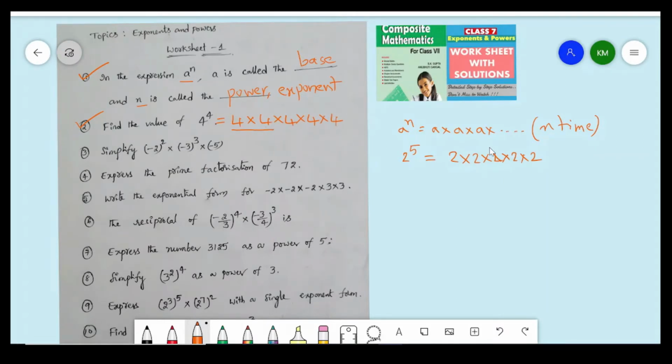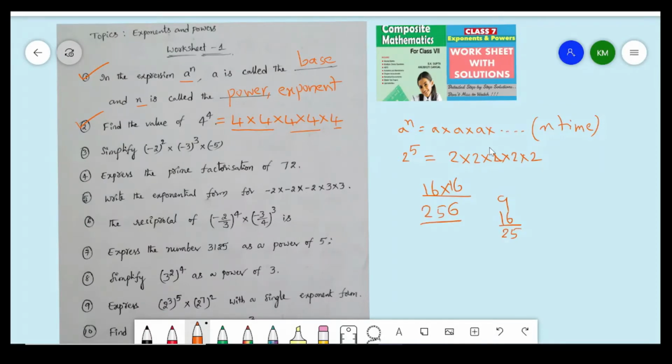4 fours, that is 4 multiplied by 4, is 16, and again 4 multiplied by 4 is 16, and 16 multiplied by 16: 16 sixes are 96, 16 ones are 16, plus 9 is 25, that is 256.